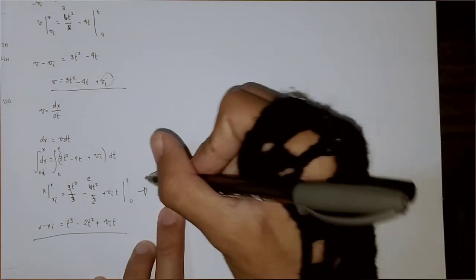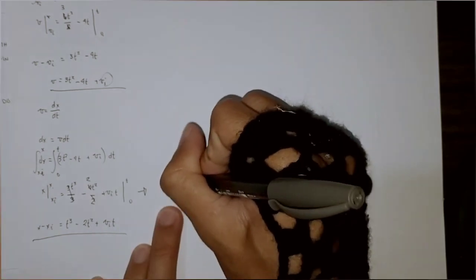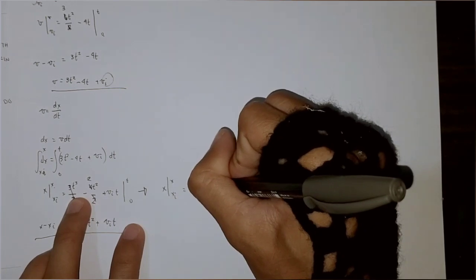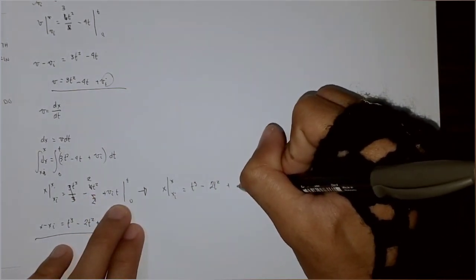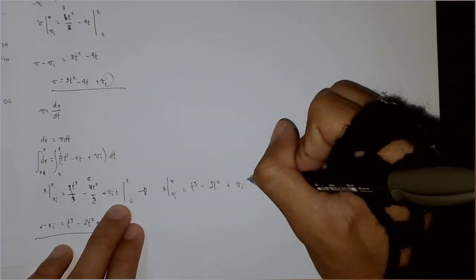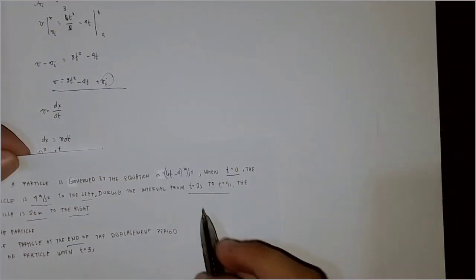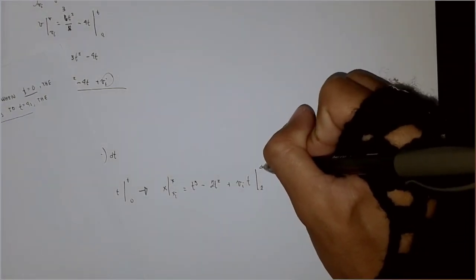And then we need to create the limit here: x minus x initial is equal to t cubed minus 2t squared plus v initial times t, with the limits of 2 to 4.